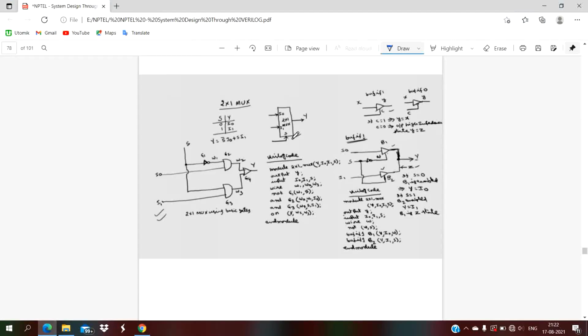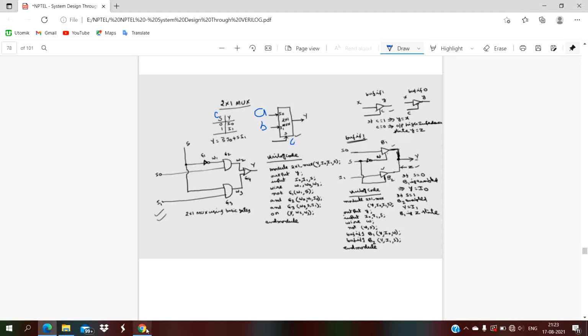So C is a control signal, this is A, this is B, and this is the same as Y. For S, you have to take S as C. So if we apply 0 to S, the output is I0; if C is equal to 1, the output is I1. I1 means B. So Y is I1, and I1 is nothing but B.